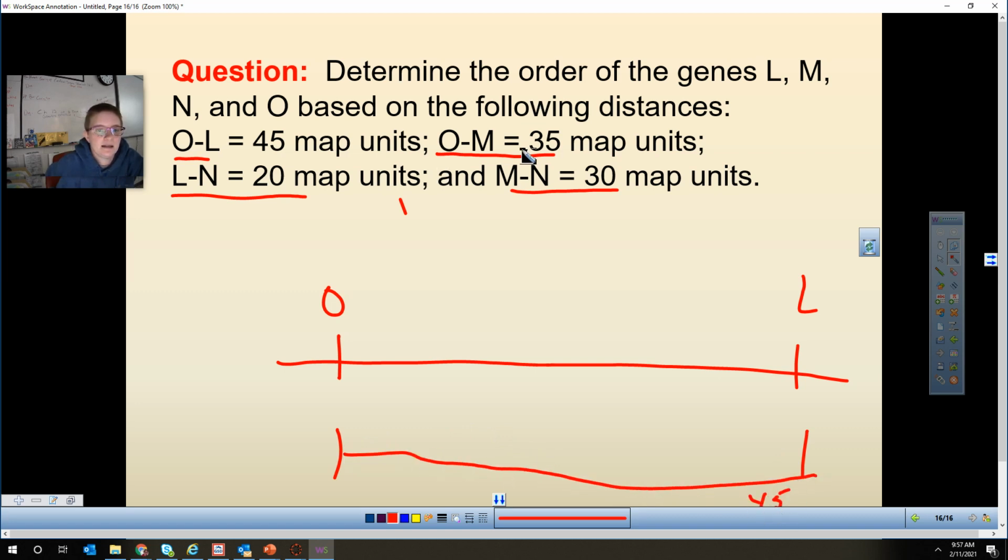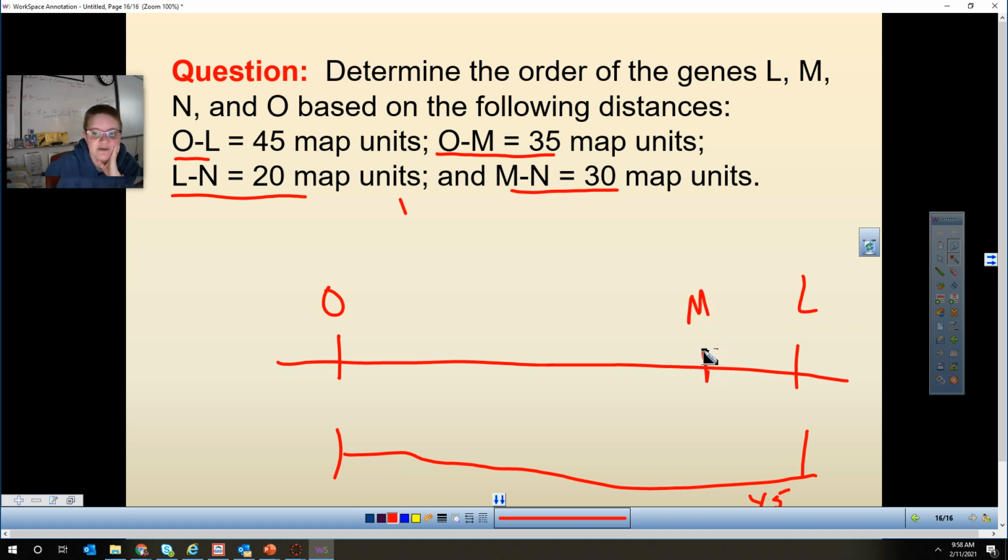Now we've got to decide where all the rest of these guys fit in. Let's try O versus M is 35. M to N is 30, so I can't quite get there yet. I'm going to put M somewhere over here, and I can erase this.